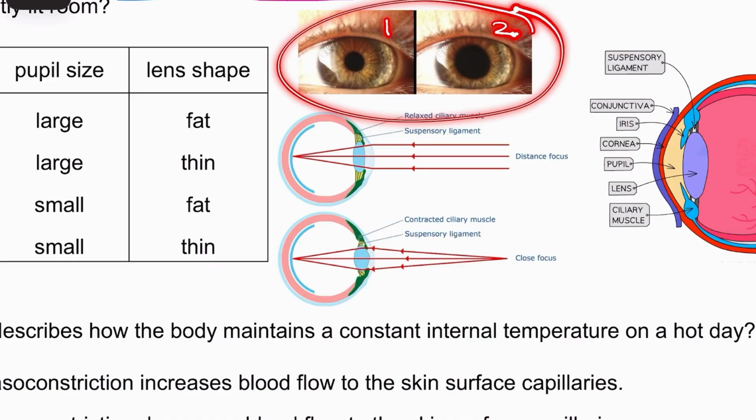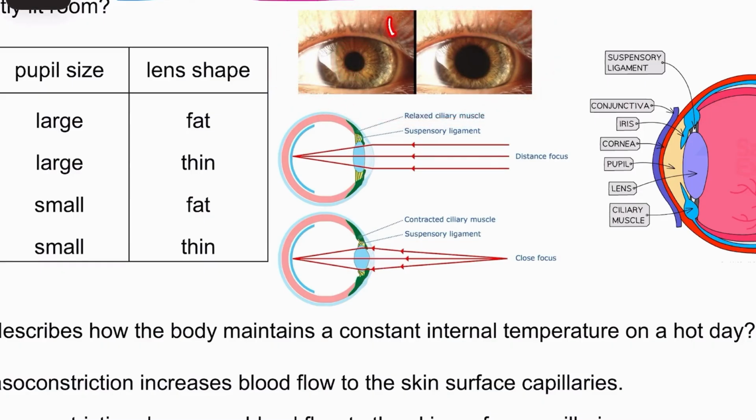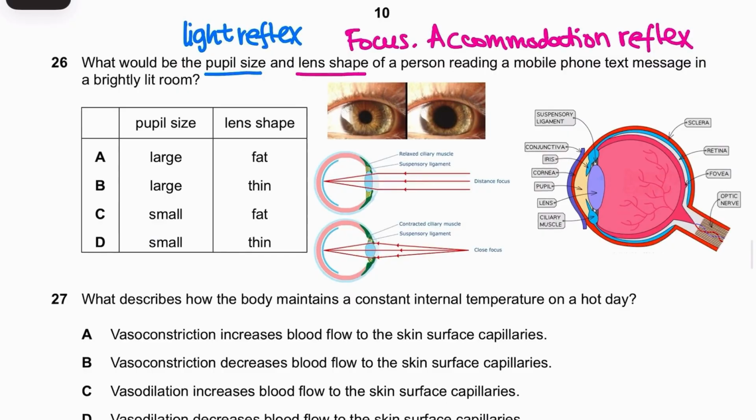If there's a lot of light, you don't need the pupil to be very big. So the pupil is actually small. We call that constricted, right? It's a constricted pupil. So one here is actually a bright room, and two is a dark room. In a dark room, you want to open up the pupils as much as you can, in other words, to dilate it, and therefore let more light in so that you can see things clearly.